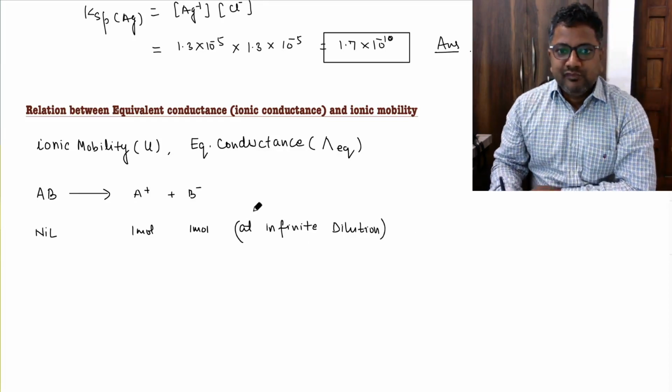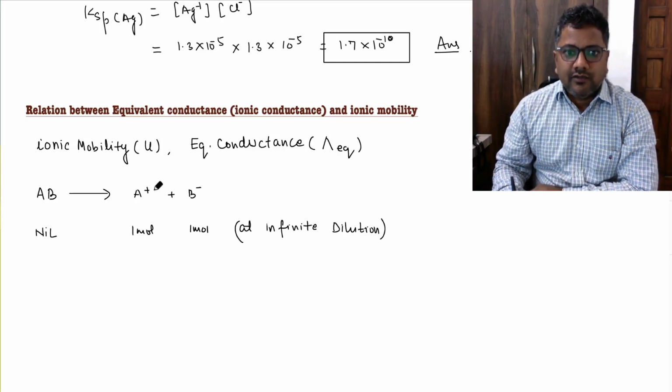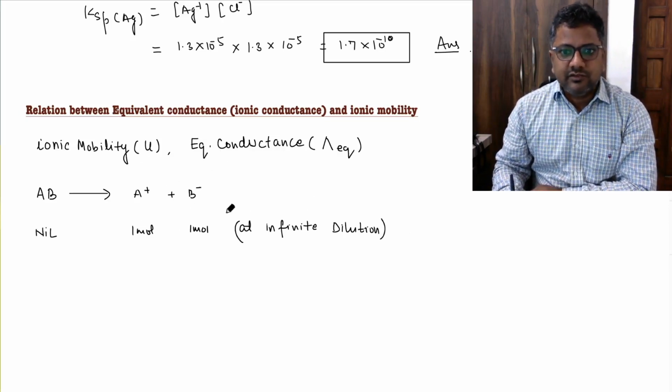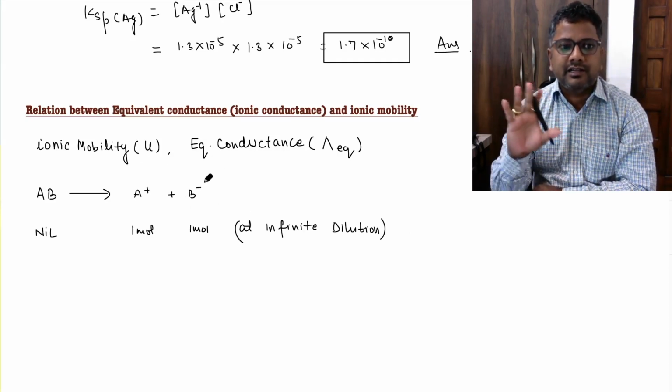Now see the equivalent conductance of anion and cation, because at infinite dilution both ions behave independently regarding their conduction of electricity.